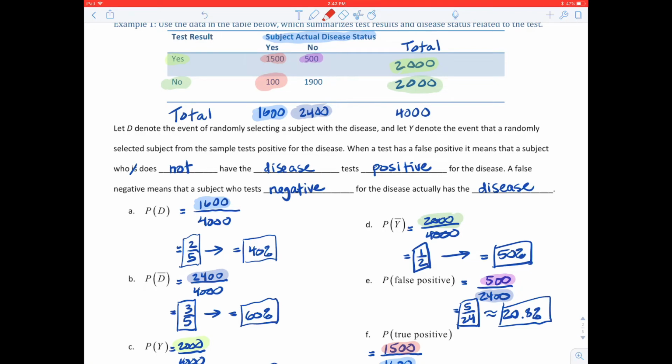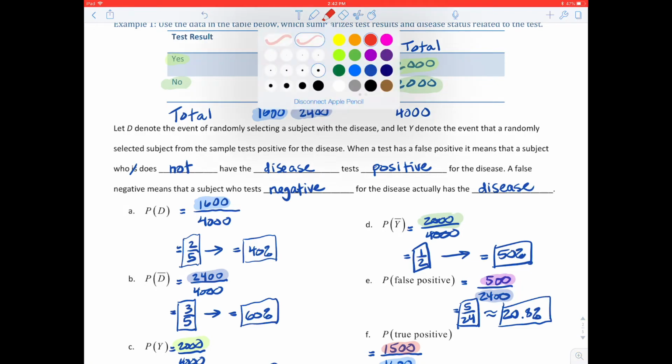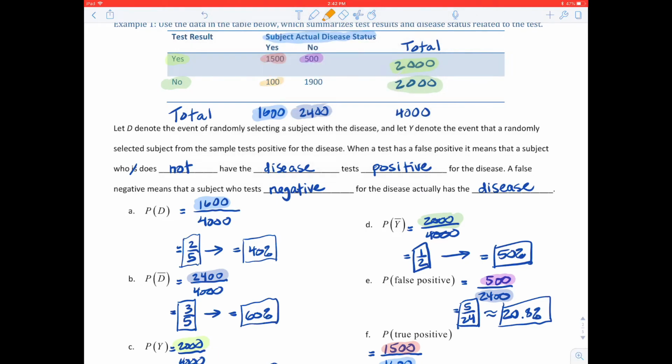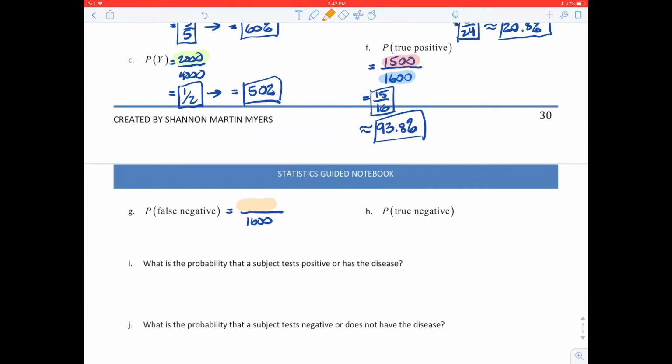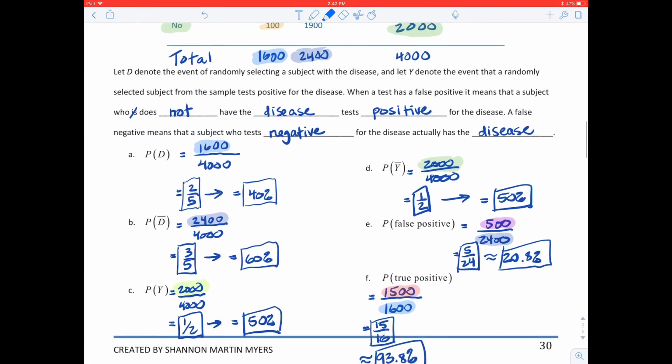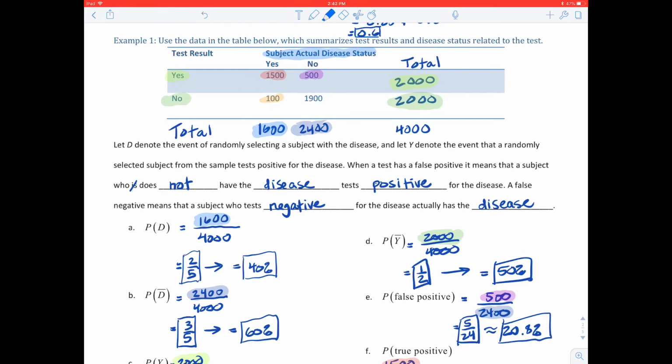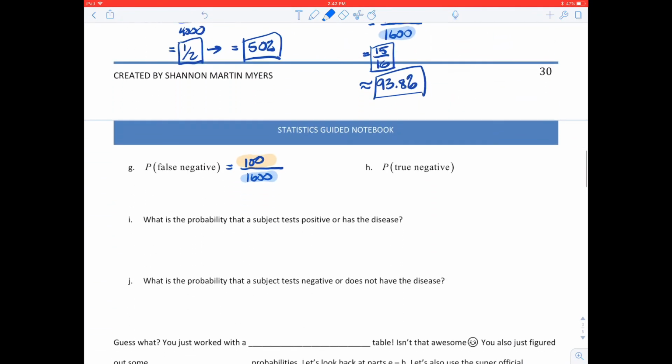Sorry, the colors are too similar on that one. Try this one. Okay, so far, so that 100 out of 1,600 test negative. And the 1,600 came from this one. Okay? All right, so just a few more questions here.